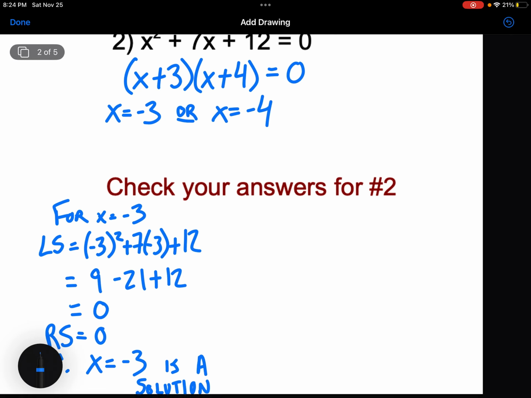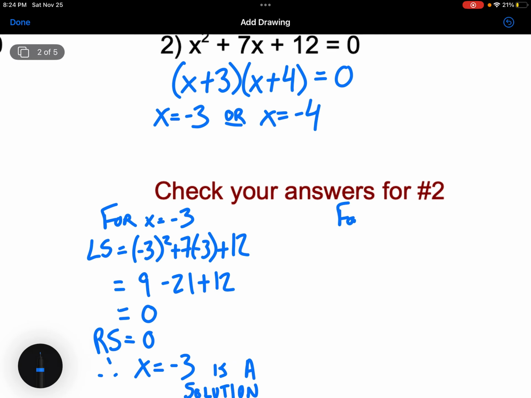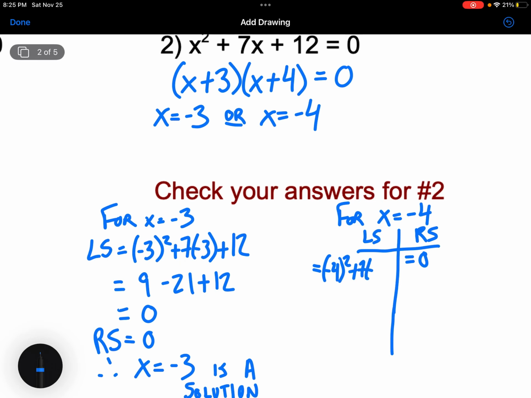Now let's check x equals negative 4. And we'll do it the other way where we've got left side, right side. So the right side equals 0. The left side equals negative 4 squared plus 7 times negative 4 plus 12.